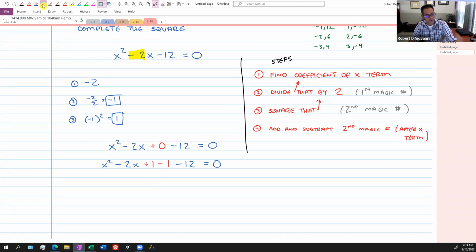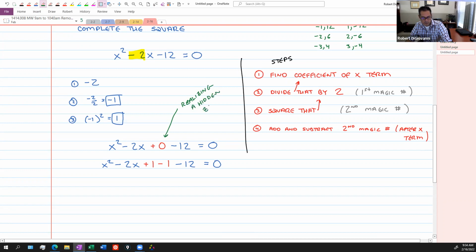By the way, for those of you who are maybe going to do a lot more math, what this step is really doing is realizing a hidden 0, which is actually a very advanced idea in mathematics, to realize that next to everything is a plus 0.